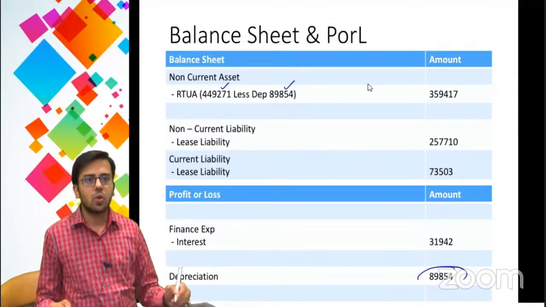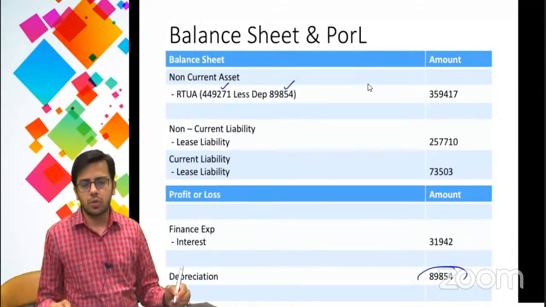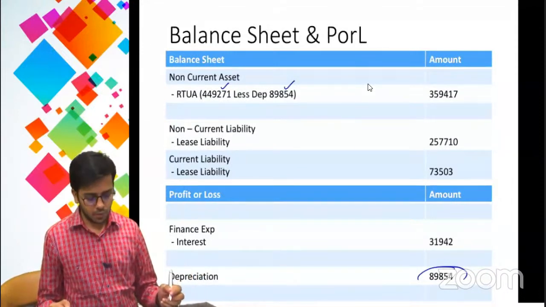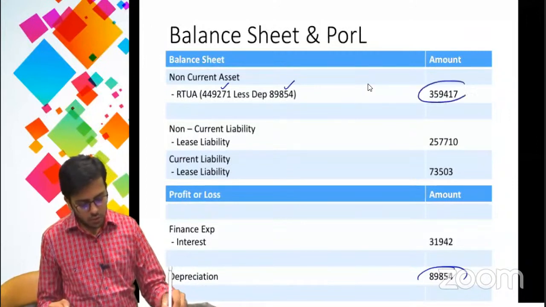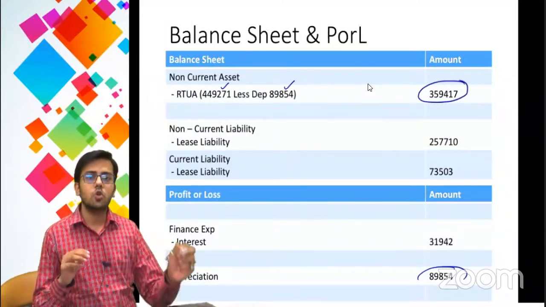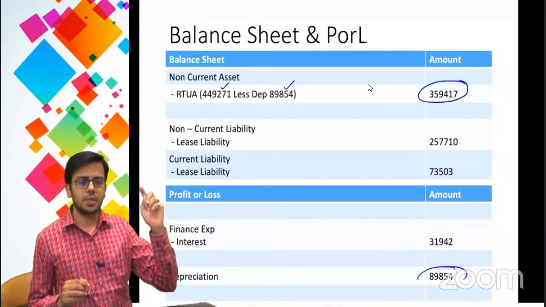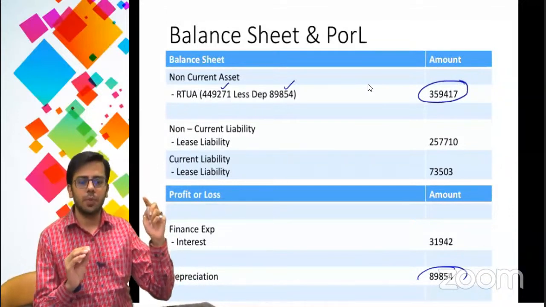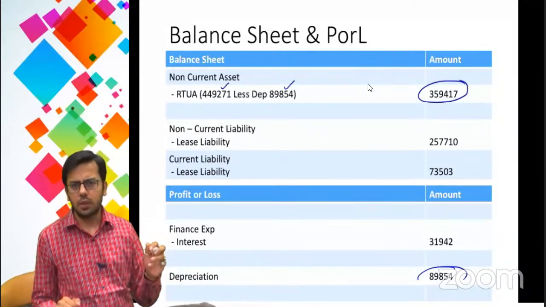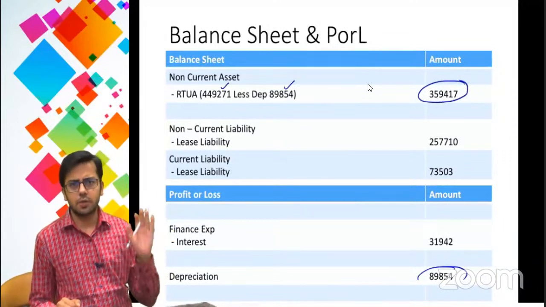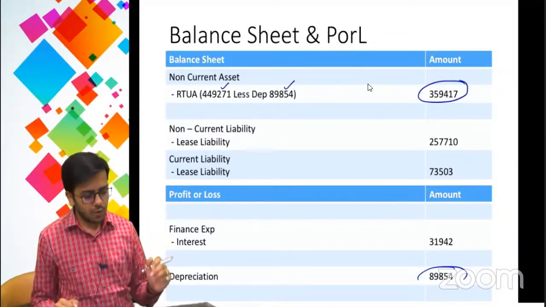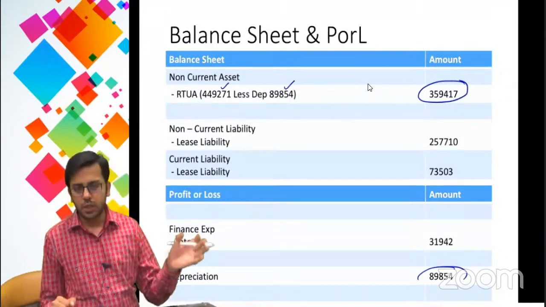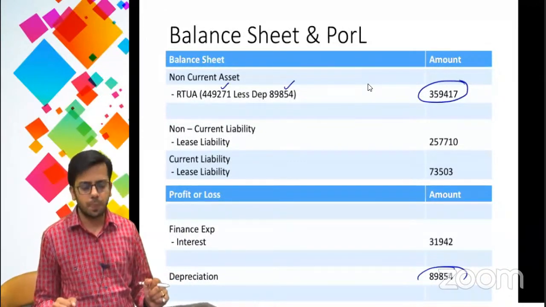This will also appear in your PL, profit or loss statement, 89,854. Now, the remaining balance will appear under the head non-current assets, either in the name of property, plant and equipment, or it will be shown separately. Either disclosure is fine. So 3,59,417 is after reducing the depreciation. You may cross check the same.